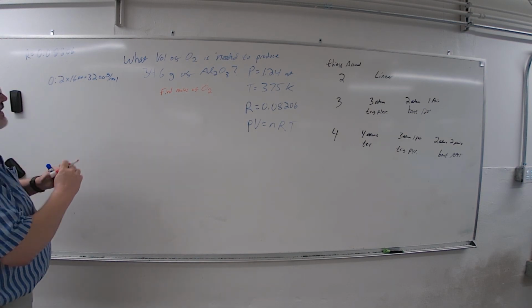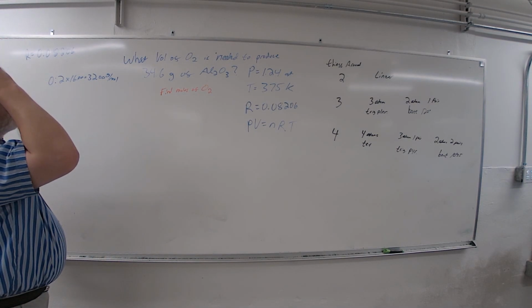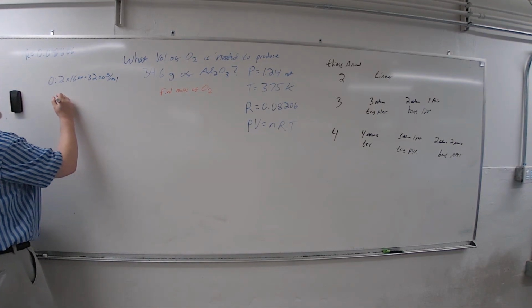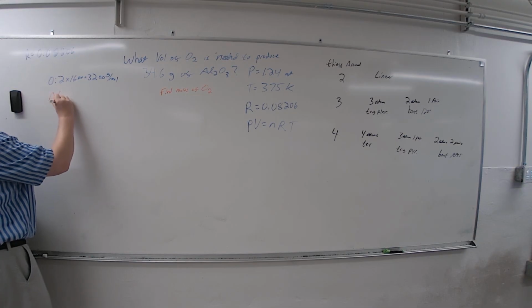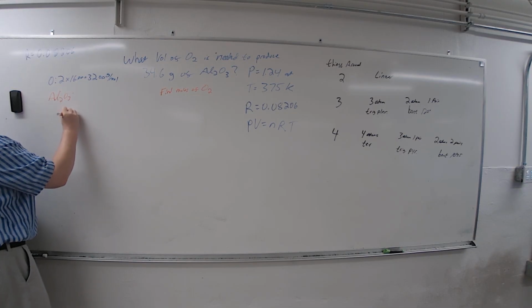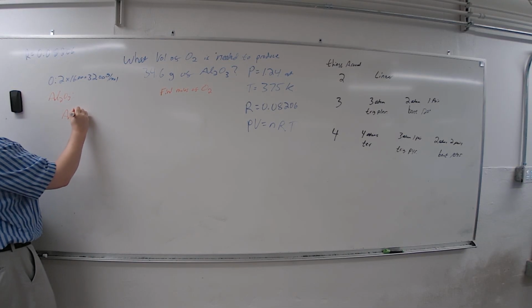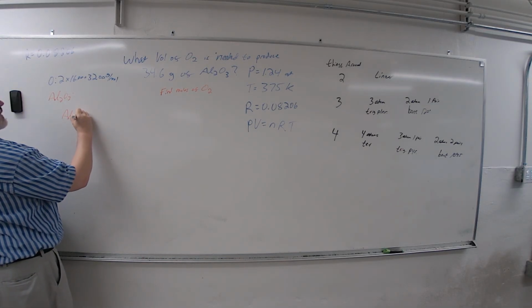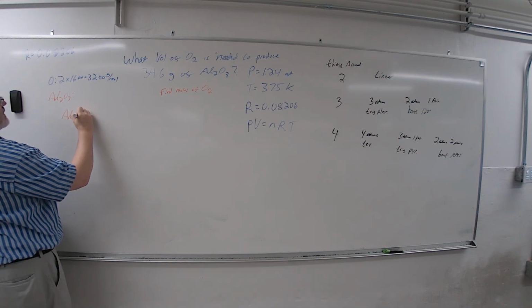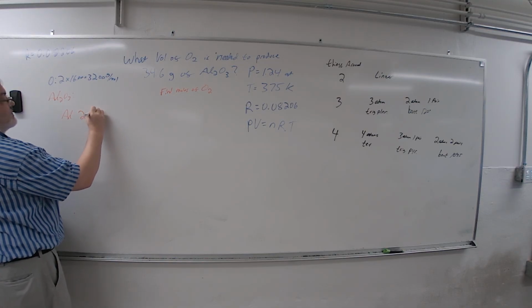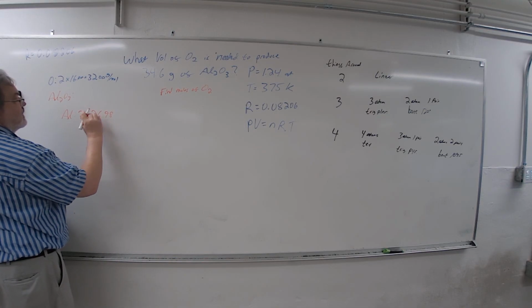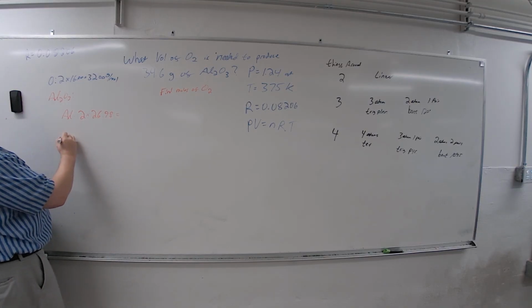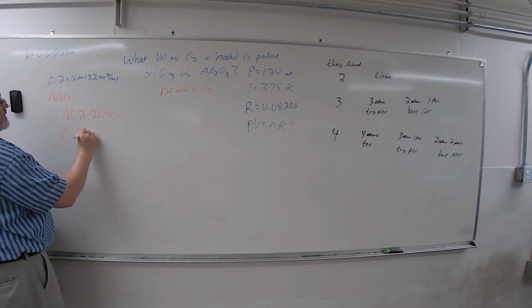We're also going to need to convert micrograms of Al2O3, so we're going to need Al. Al is 26.98, and there's 2 of them. And oxygen, there's 3 of them.